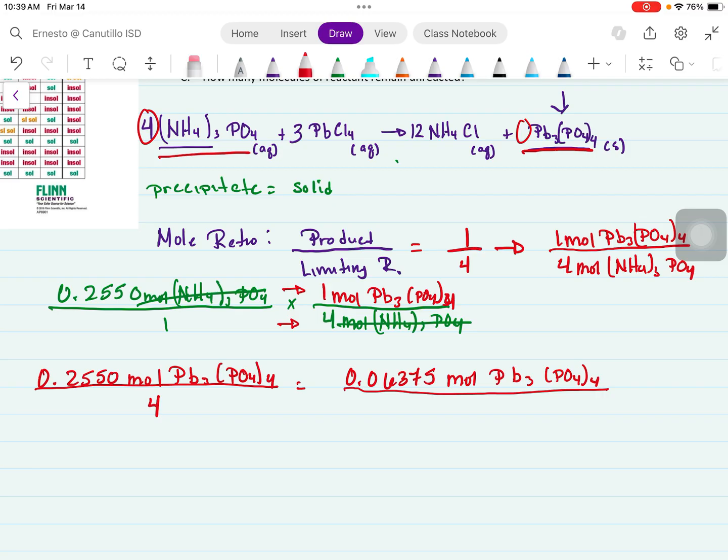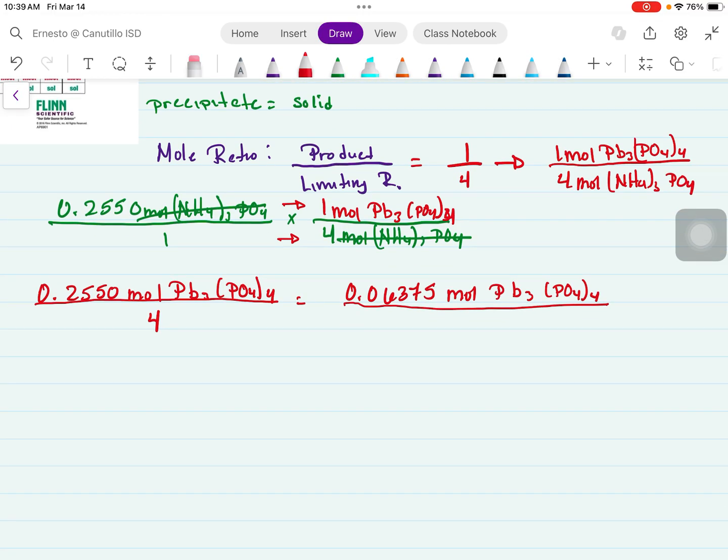So we have to do one more step. We're going to take this number now, because this is in moles, and we're going to put it over 1 to convert to grams.